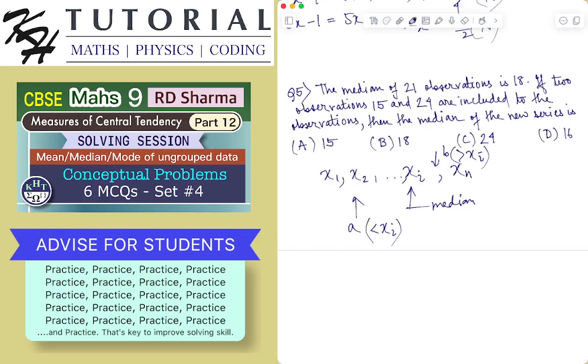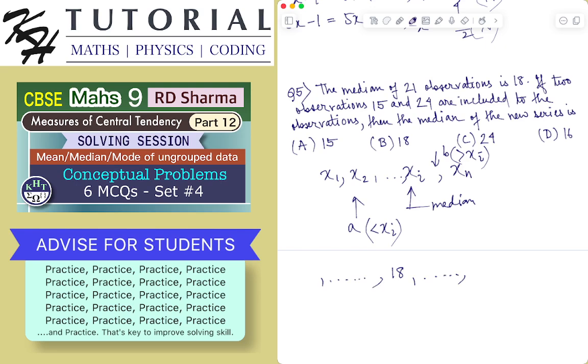So in this problem it is given that there are 21 observations, so n is odd, and the median is 18, so I have 18 as median. I have some values to the right hand side and some values to the left hand side of the median.